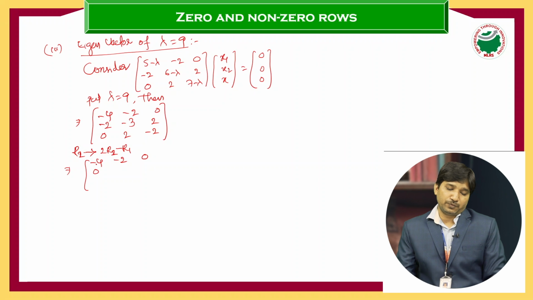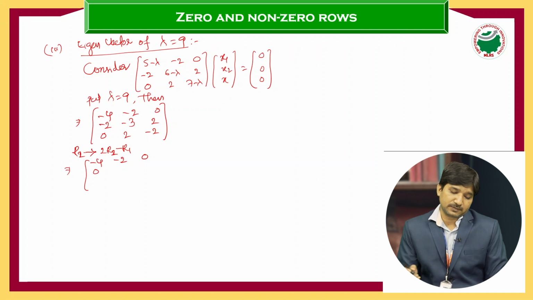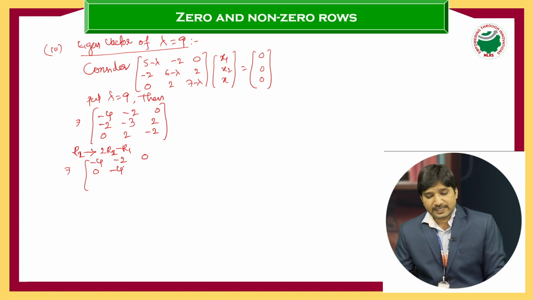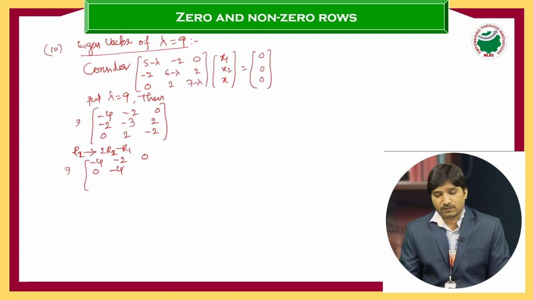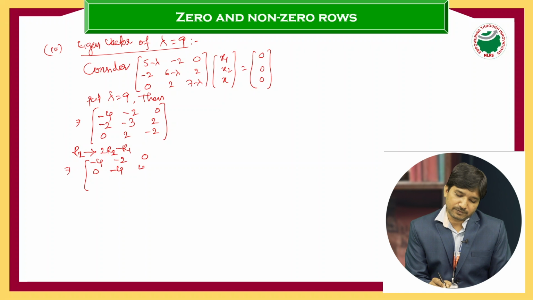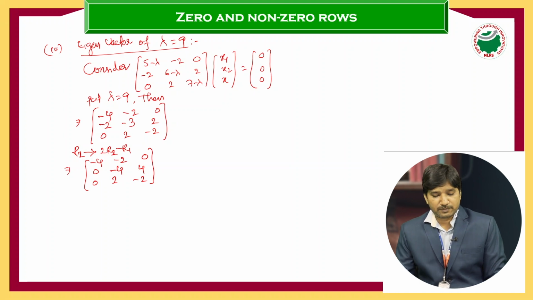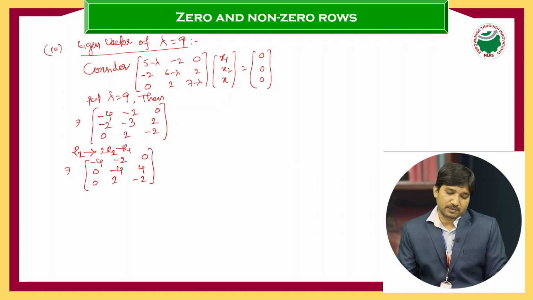Next, 2 into minus 3 is minus 6, and minus 6 plus 2 is minus 4. Next, 2 times 2 is 4. The third row is 0, 2, minus 2. After applying the row transformation, we get the matrix.